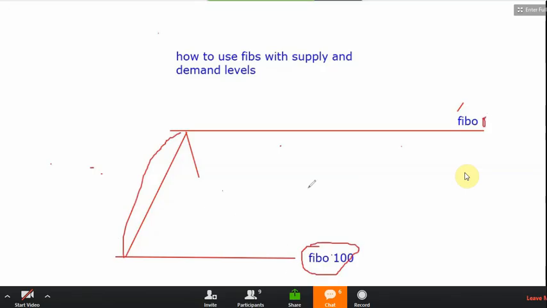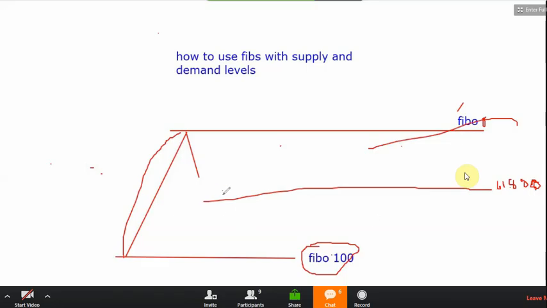And then somewhere around these lines, you want to have 61.8 or 50%. Okay, these are our most important levels: 0, 100, 61.8%, and then the other levels that I mentioned before.